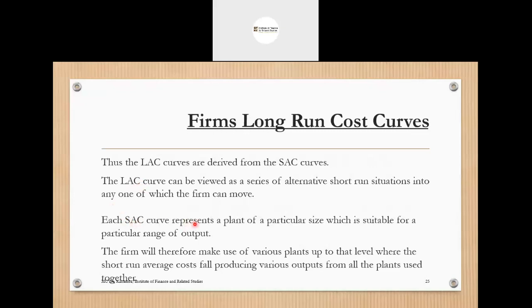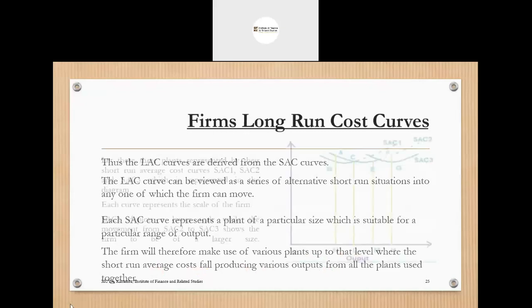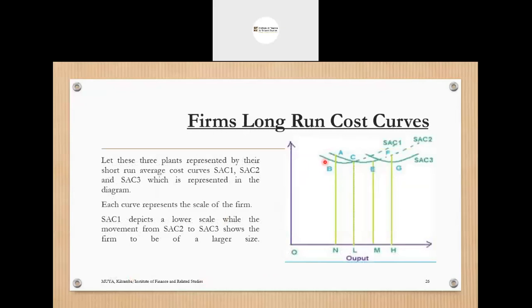Each short-run average cost curve will represent a plant of a particular size which is suitable for a particular range of output. The firm thus will make use of various plants up to that level where the short-run average cost curve falls by producing various outputs. This is the situation.